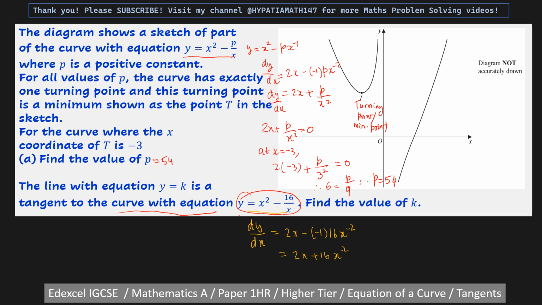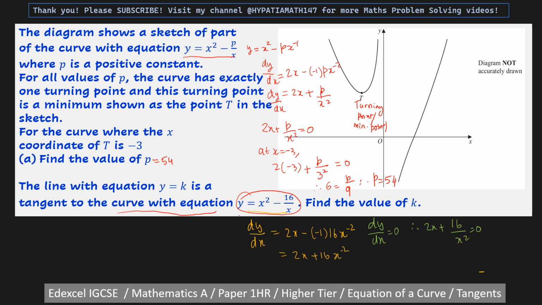So dy over dx would be 0, and therefore 2x plus 16 over x squared is 0.